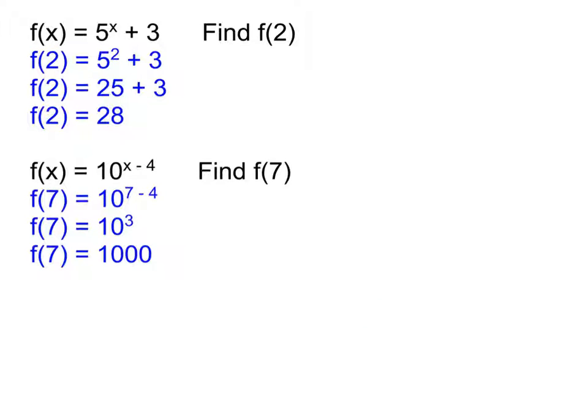And so that's our final answer. We can see then that f of 7 equals 1,000. Another cool little trick with this, you notice 10 to the power of 3 equals a 1 with 3 zeros after it. If it was 10 to the power of 20, it'd be a 1 with 20 zeros after it. Makes it nice and easy.